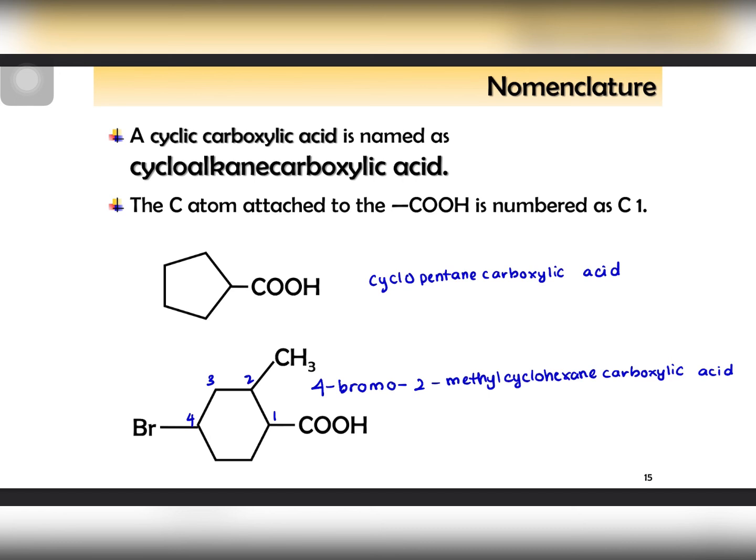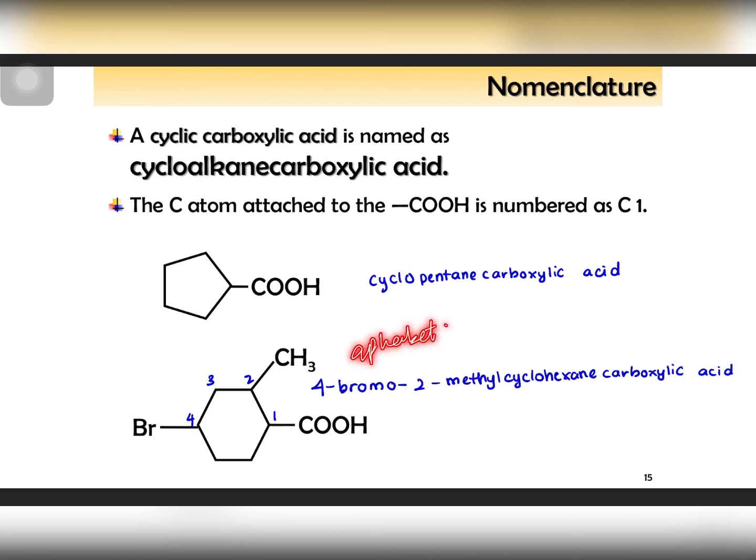Let's say you have substituent. So ini akan jadi carbon 1 because you have COOH attached to it. And then kita akan pusing ikut this way because the lowest numbering for substituent. So this will be 4 bromo ikut alphabet.